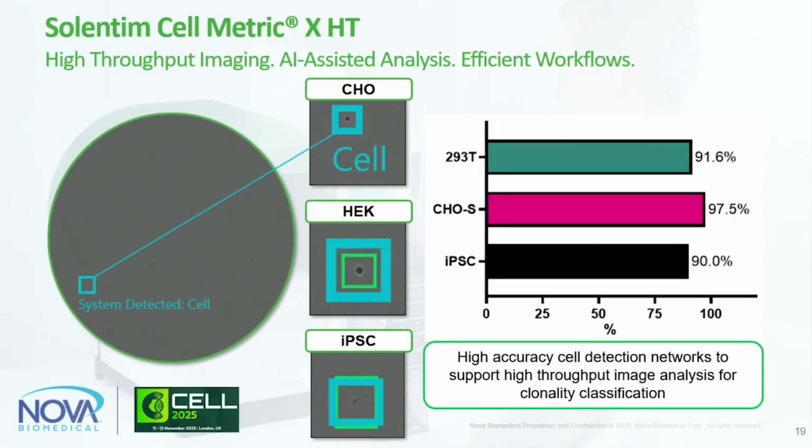And again, like the VIPS Pro, this artificial intelligence-based neural network is validated on a variety of different cell lines. So here we're showing the CHO, HEK, and iPSCs. And particularly with the iPSCs, you may know that they tend to be more flat and transparent. But when it comes to the AI network, it can accurately detect these cells.